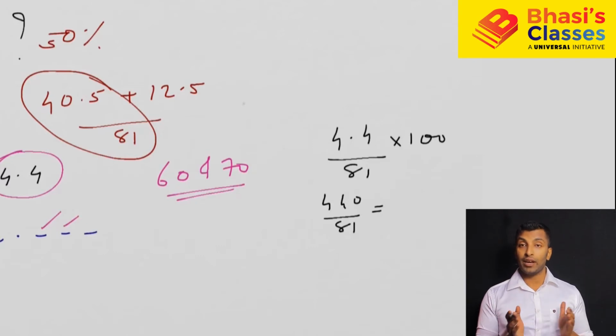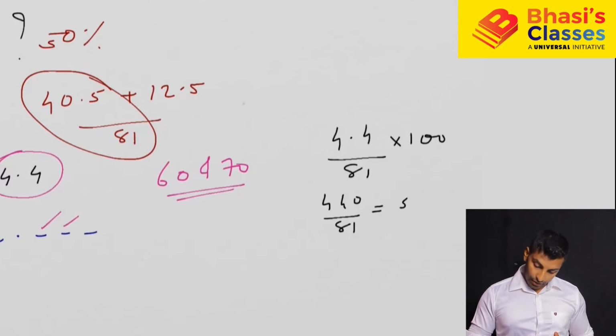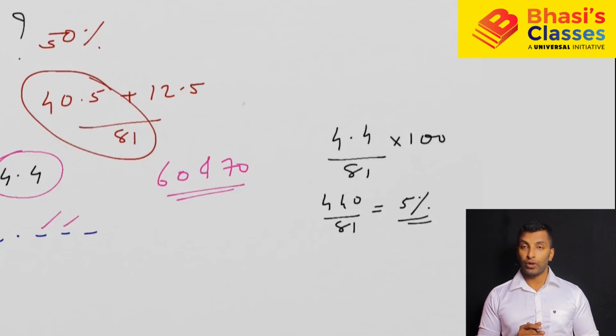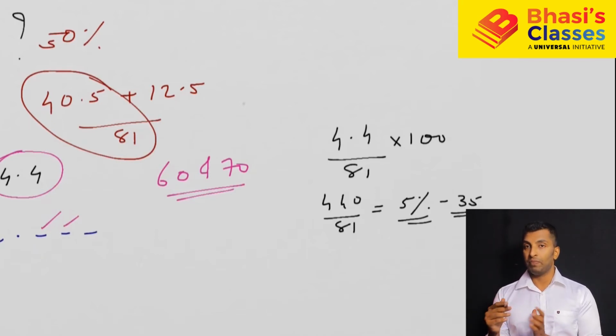How much percentage can you remove from that? You can get 5%, right? 440 by 81 means 5 is what you will get. Then you will get some remainder, 35. Let's keep that remainder aside, because you may need to use it. Depending on the options, if the options have decimal values, you need to do more calculation with the remainder that we got here.